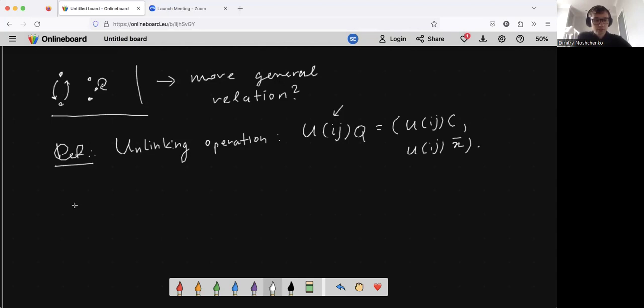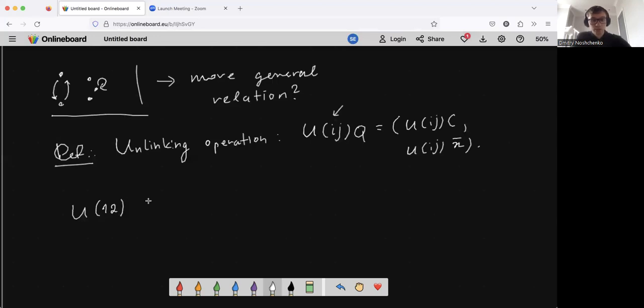So let's first just fix the notation. So in this example, what we had here, we have uij. Maybe I can write u12, uij.